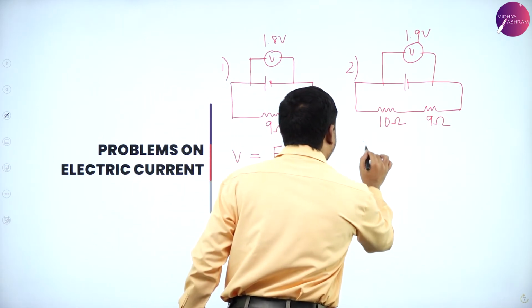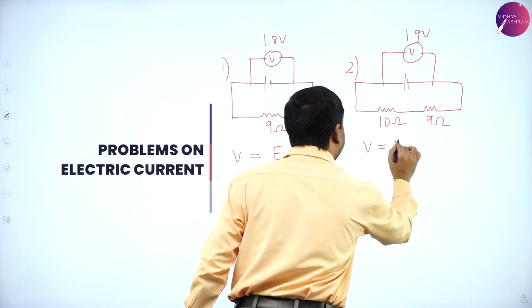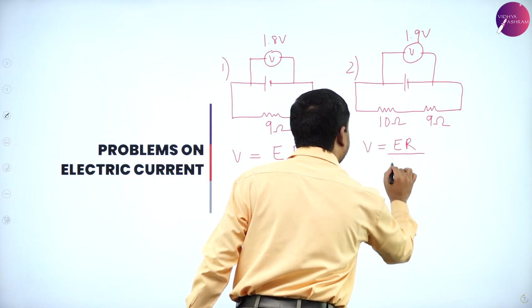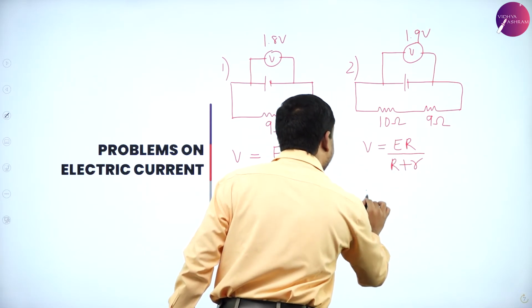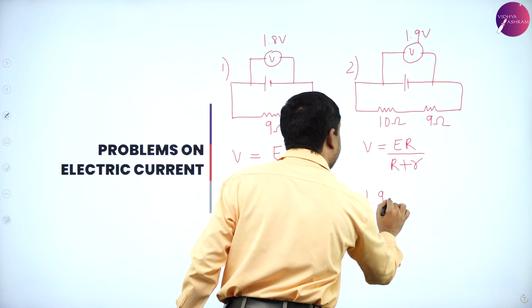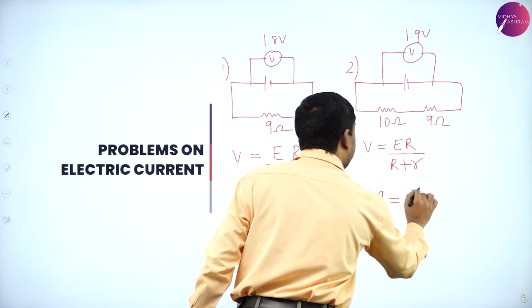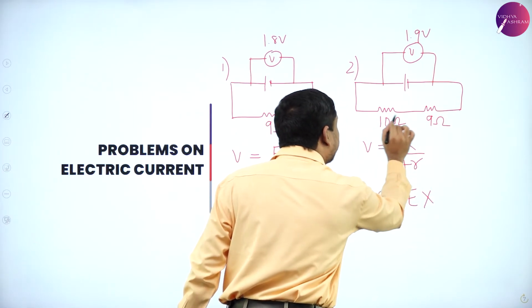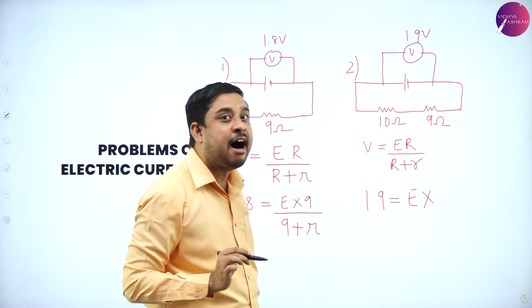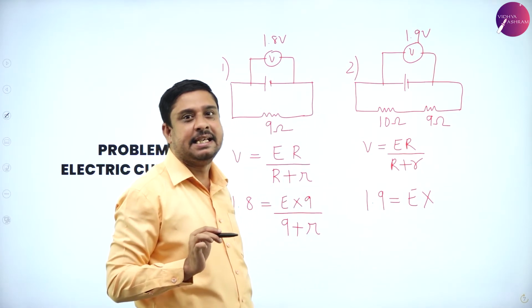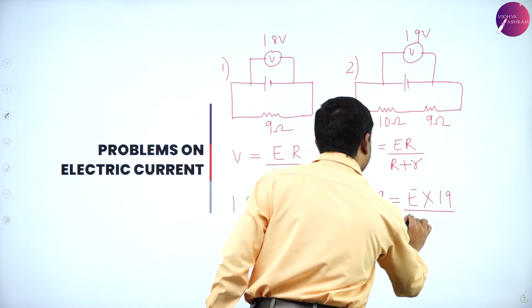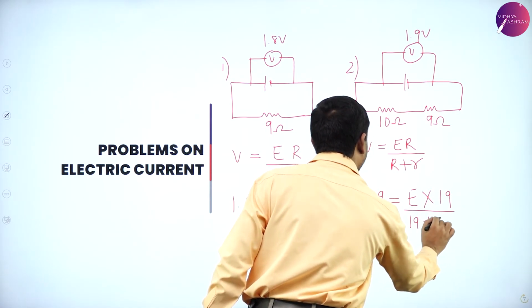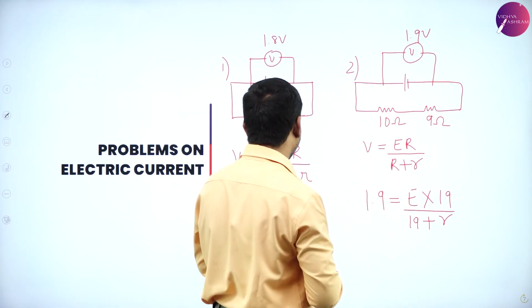Again, V is E into R divided by R plus r. Now V is 1.9, E into, now 10 and 9 ohms are in series, so this becomes 19. So 19 plus r.